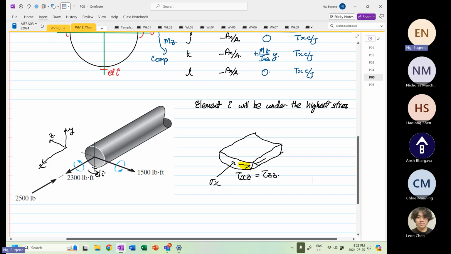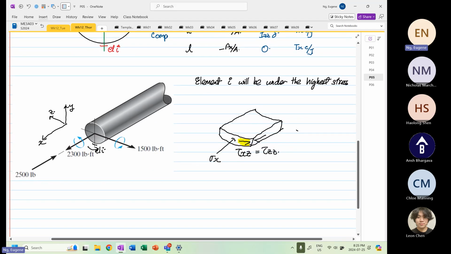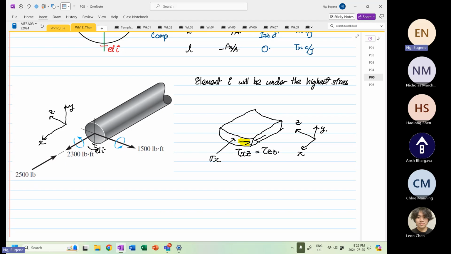So now this is our transformation. This is our Z, this will be our X, and this will be our Y. Then we will now try to orientate this entire structure so that it looks more familiar to us.